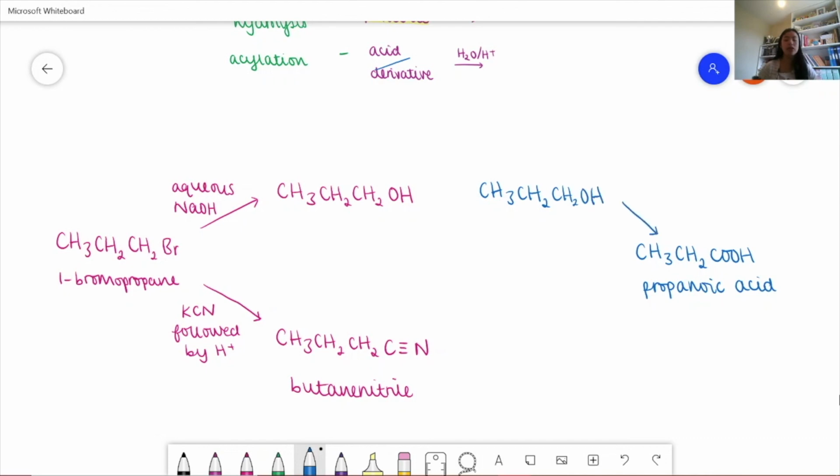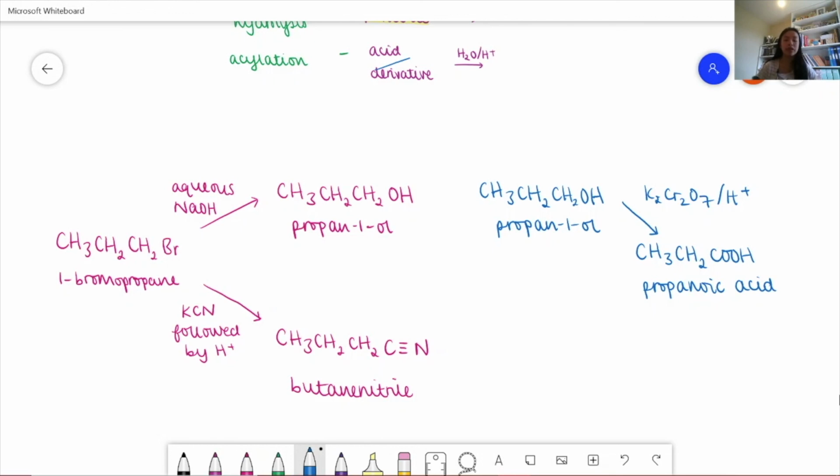And how we would produce propanoic acid from propan-1-ol, we actually need to label this one as well, is that we would add potassium dichromate with a H+ catalyst because we're oxidizing it.